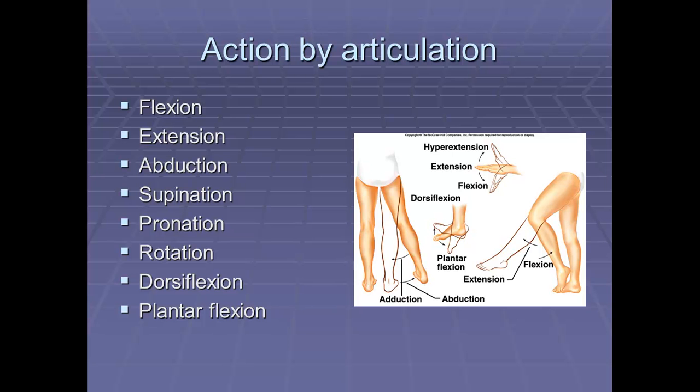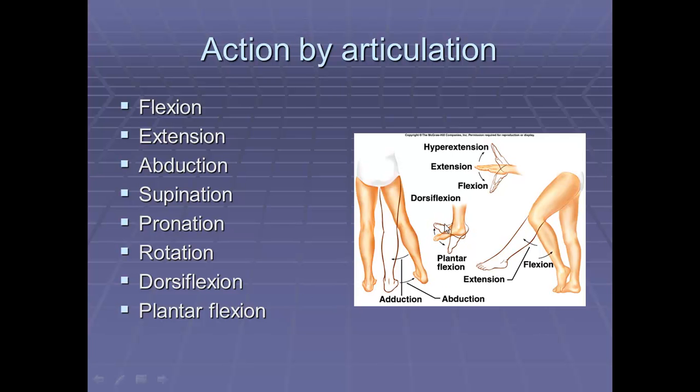I want you to take your body and literally move it through all of these different positions. Flexion, extension, abduction, which is when you go away from the core, supination and pronation, and be very familiar with what position you are in. Are you supine or prone when you're in the anatomic position? Rotation, dorsiflexion, and plantar flexion.